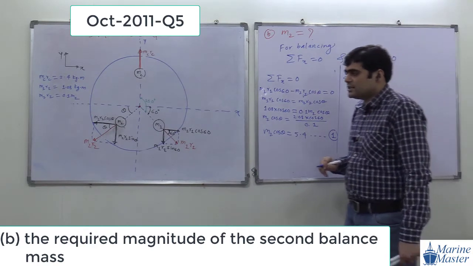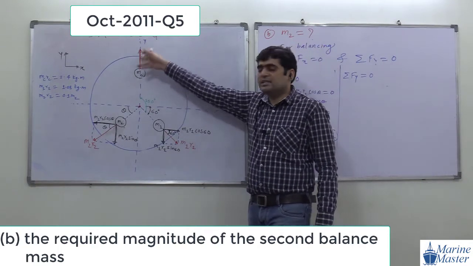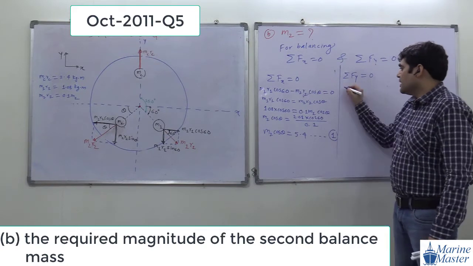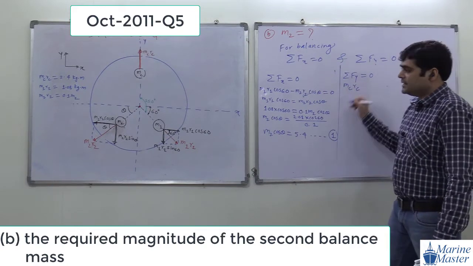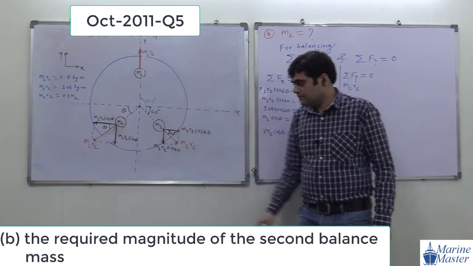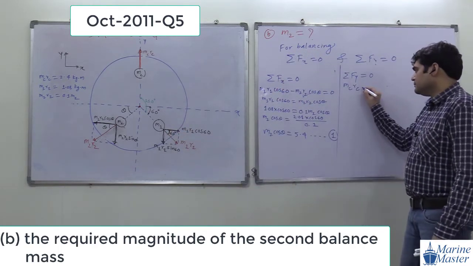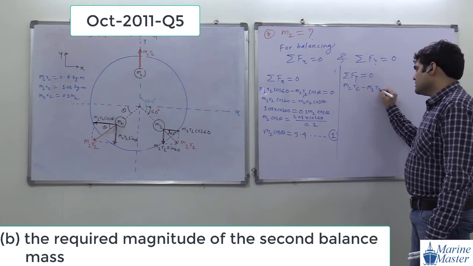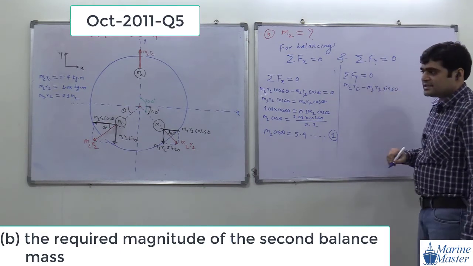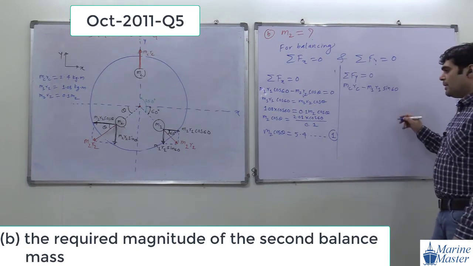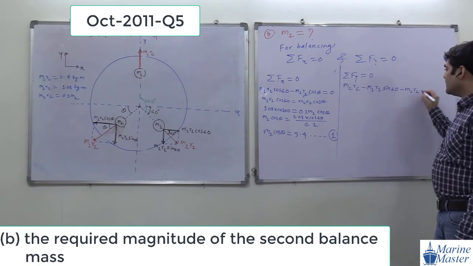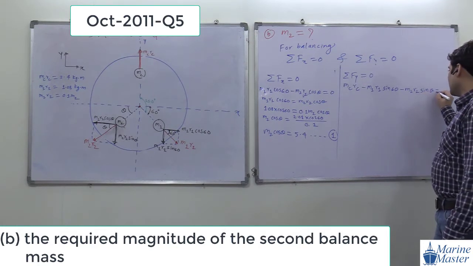What are the forces here in the y direction? First of all, this MCRC is directly in the y direction. So MCRC, and then minus M1 R1 sin 60, then minus M2 R2 sin theta, and that will be equal to 0.